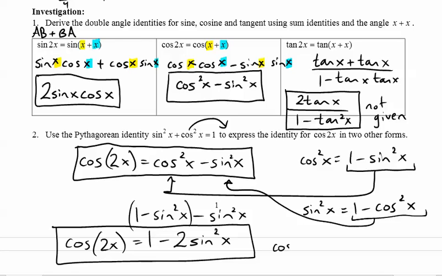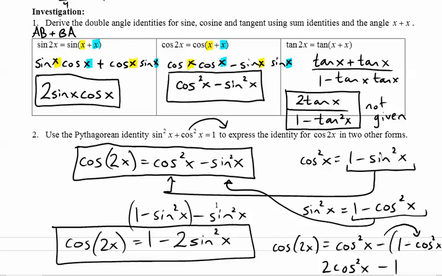So you get another formula that says cosine 2x is the same as cos squared x minus (1 minus cos squared x). So the minus minus is going to change that to a positive. So we get 2 cos squared x minus 1. So when you move that minus sign in, the second cosine squared will become positive. So that's the last formula for the cosine double angle identity.